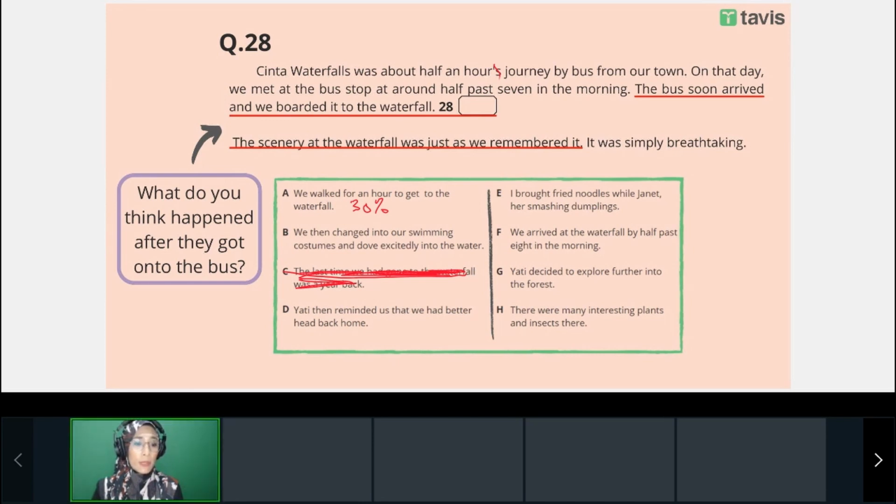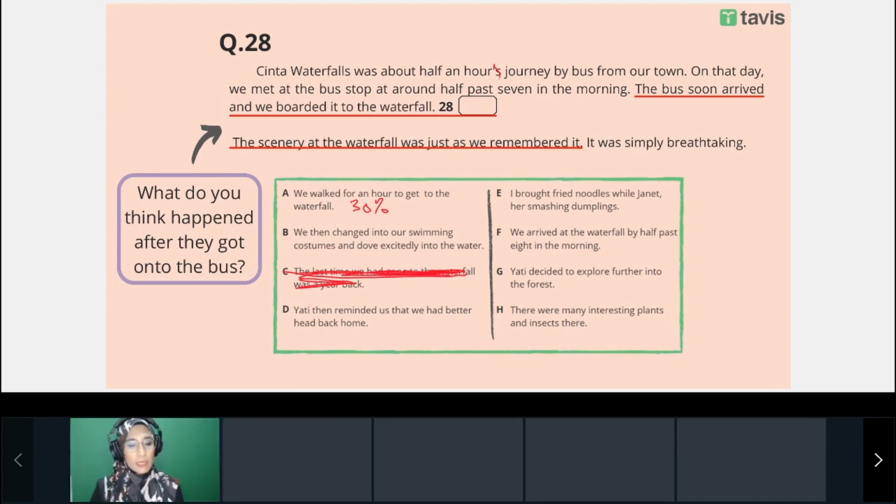And then B, we then change into our swimming costume and dove excitedly into the waterfall. They are still in the way of looking at the scenery. So I don't think it's the best one where they change into the swimming costume.